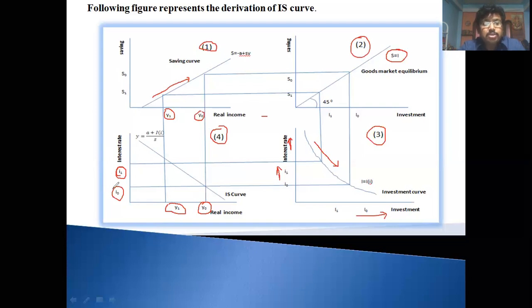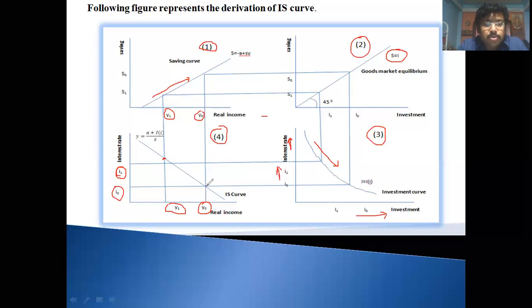Here is a difference, but it should be here, at this point. This curve will shift up and this curve will shift down. So this is the intersection point. There is a technical problem, but this is the point.